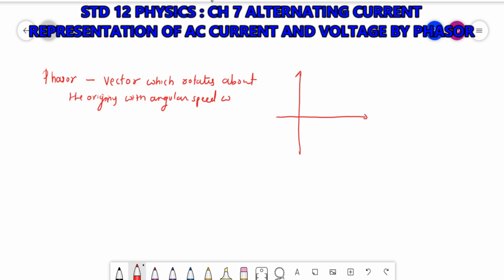Let's draw it graphically. If I represent the voltage vector with a black line, let's say this is the vector for voltage V, and let's represent the current vector I by a blue line.